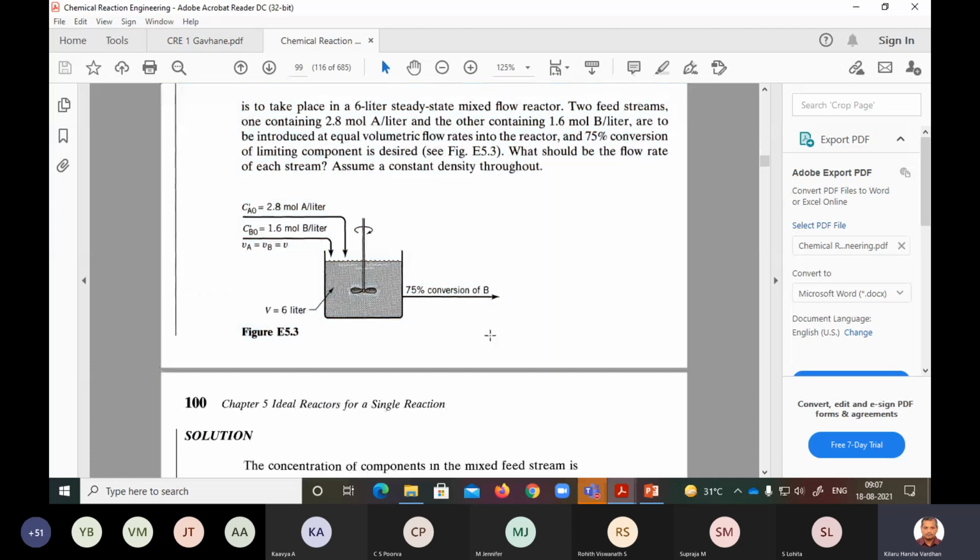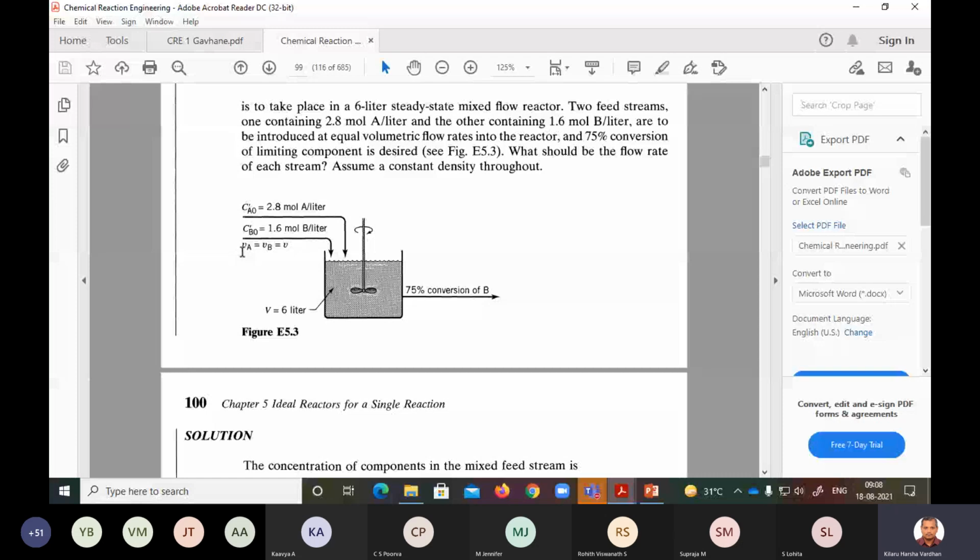This is the diagram. A mixed reactor of 6 liters volume is there. Ca0 is 2.8 moles of A per liter. Cb0 is 1.6 moles of B per liter.